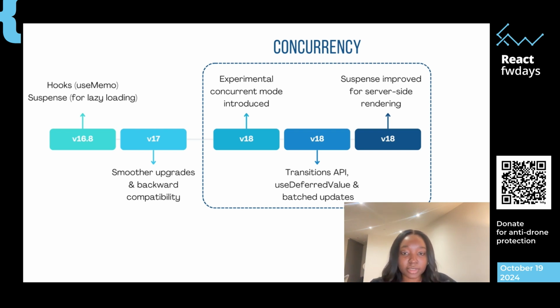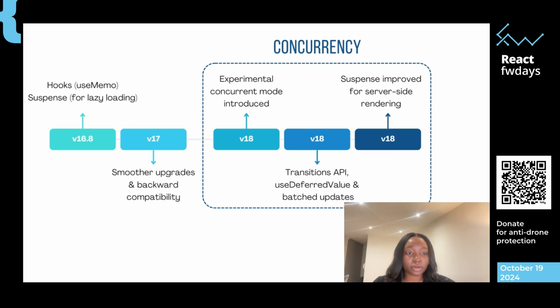As you see on this slide, the three features I've highlighted here, the transitions API, useDeferredValue, batch updates, as well as Suspense, are basically a summary of concurrency, but more specifically, the transitions API, useDeferredValue, and Suspense.